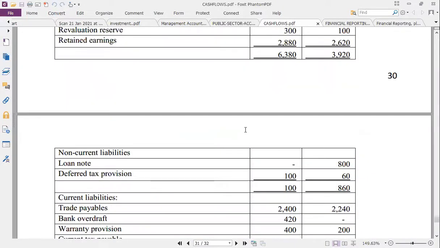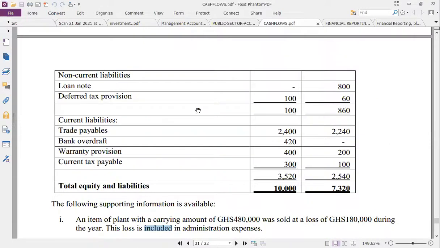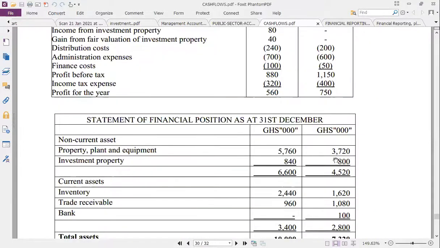In a footnote, we sometimes, or most of the time, give you the disposal. When you do the calculation work, you realize that there's an acquisition. Because it is not possible for you to have an opening balance of 3,720, dispose some, and still have more than 3,000. It can't be possible.